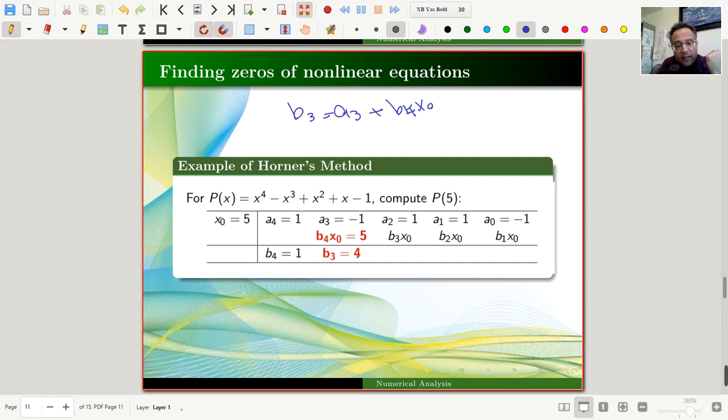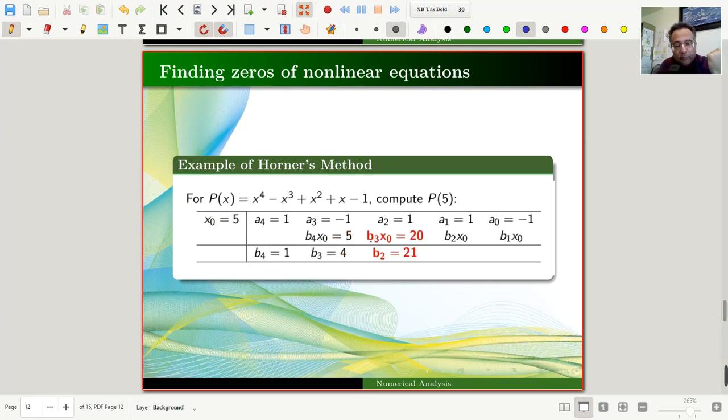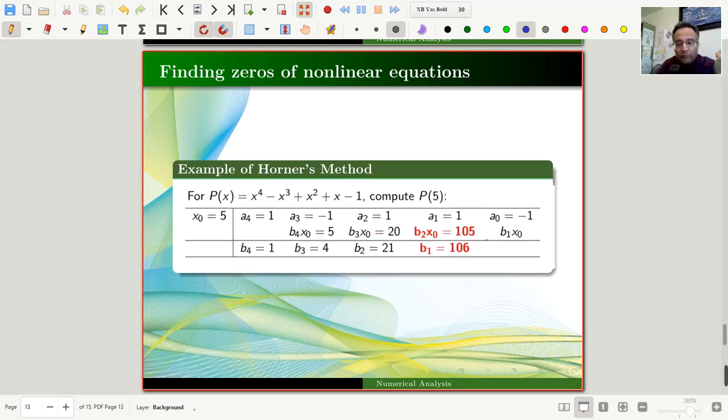And in the same way, you multiply b3 times x0 and put it here. Look, b3 x0, put it here. 4 times 5 is 20, plus a2 is 21. For the other one, 21 times 5, we will put it here instead of b2 x0, is 105 plus 1 is 106.